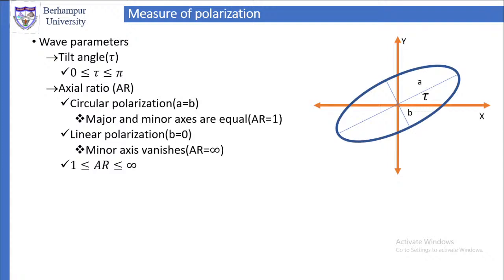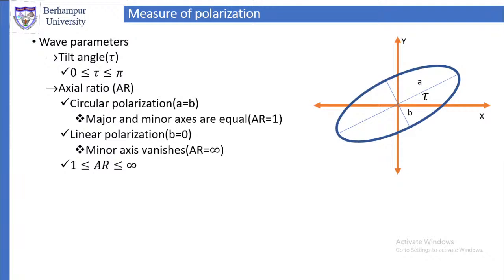So these are the wave parameters. What are the wave parameters? Tilt angle and axial ratio, or A and B. So these are the wave parameters, or parameters of the ellipse described by the wave. When we go for the design of a system for a particular polarization, then we require these wave parameters.